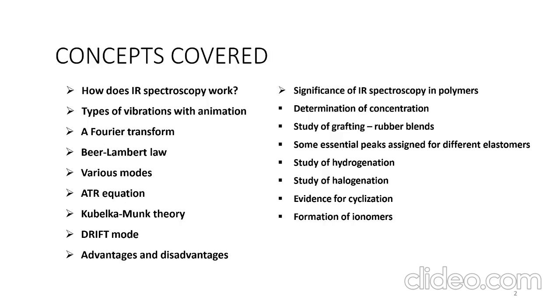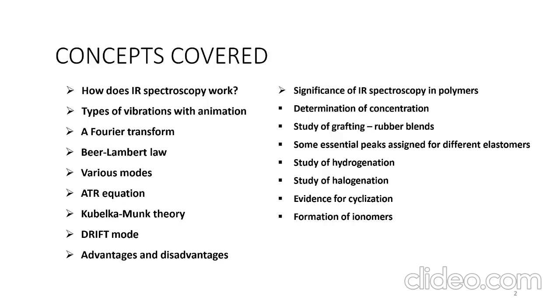Then the relation between absorbance and transmittance using the Beer-Lambert's law. Then various modes which are present in different molecules. Then ATR equation and Kubelka-Munk theory. Then DRIFT mode and advantages and disadvantages of IR spectroscopy.